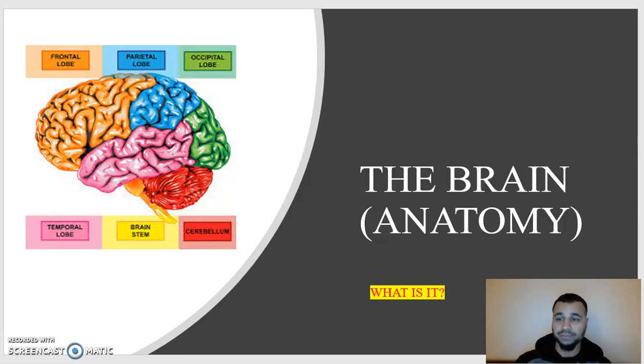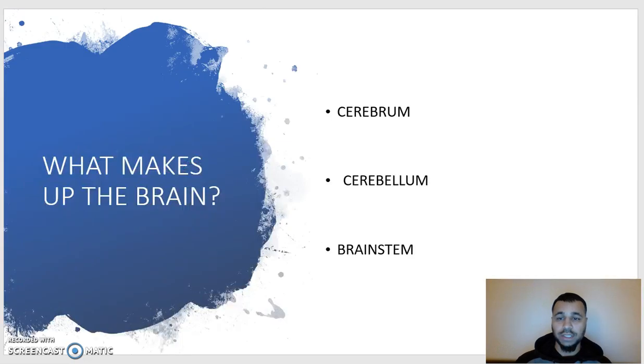So if we look here at what makes up the brain, the cerebrum, the cerebellum, and the brainstem are three basic parts of the brain, if we were to divide them in these three major parts. The cerebrum is the largest part of the brain and is composed of the right and the left brain.